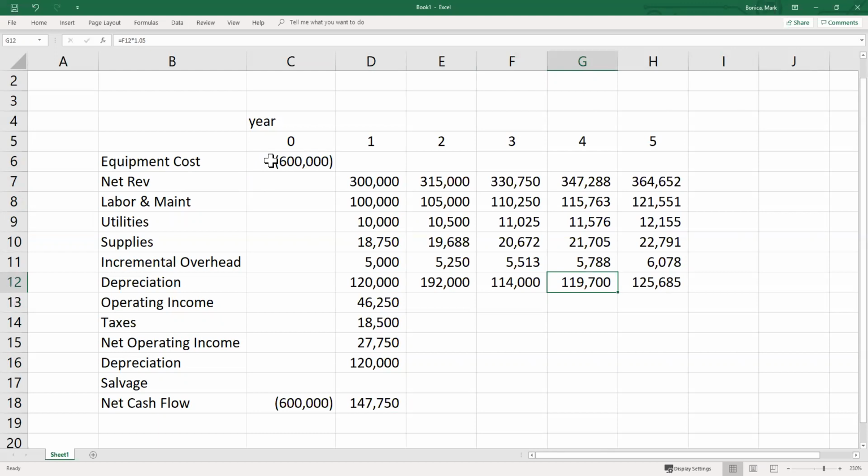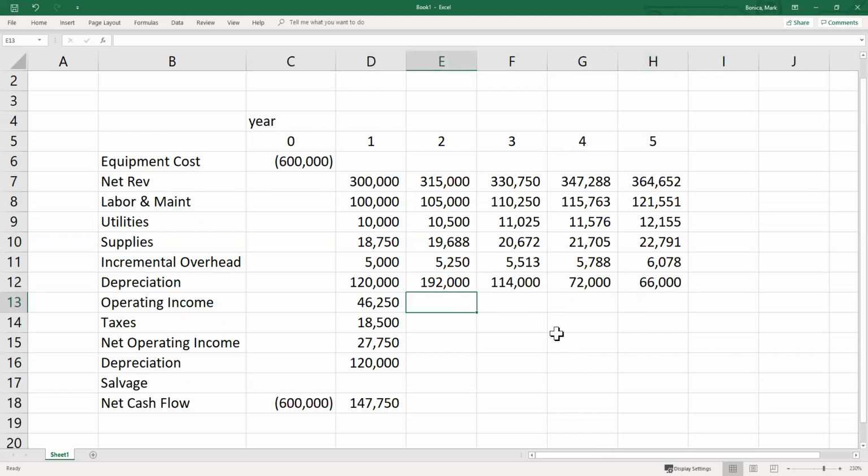And I guess Excel is wanting to fill in for me. So thank you, Excel. Don't need that. And then in the 4th year, it's 12% times the purchase price. And then in the 5th year, it is negative 0.11, 11% times the purchase price. So those are our depreciation numbers.